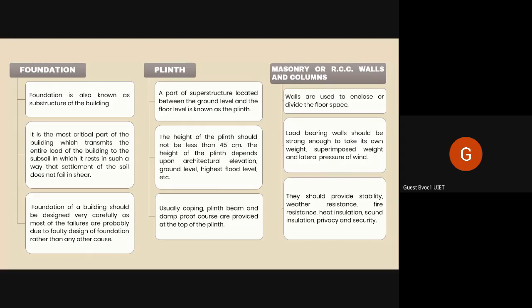For example, the Indian parliament is designed in a way that its plinth is actually the first floor of the building. There is a whole ground level floor underneath the plinth. So when you enter the building, you walk up the steps and you enter the building from the first floor, not from the ground floor.